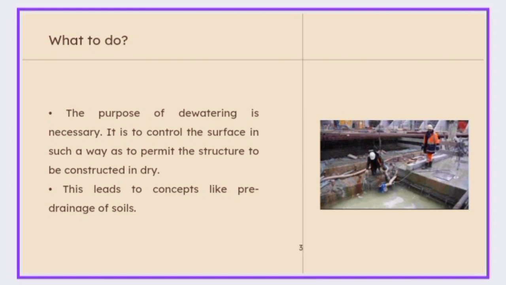Dewatering means the separation of water from the soil, or taking the water out of a particular construction problem completely. This leads to concepts like pre-drainage of soil, control of groundwater, and even the improvement of physical properties of soil.